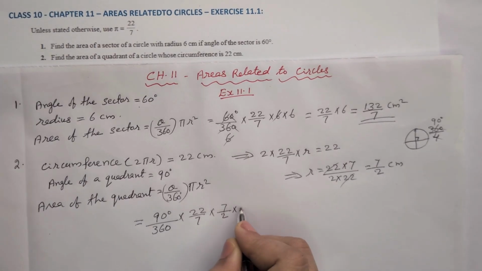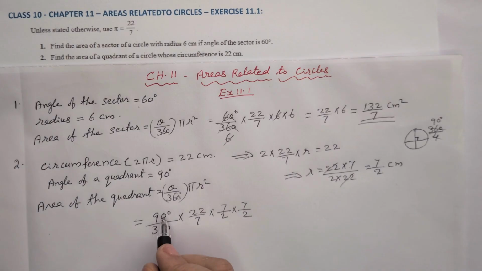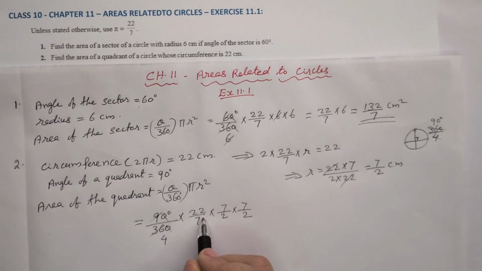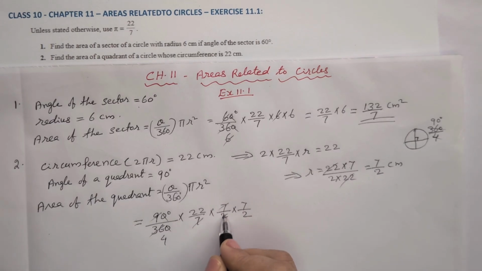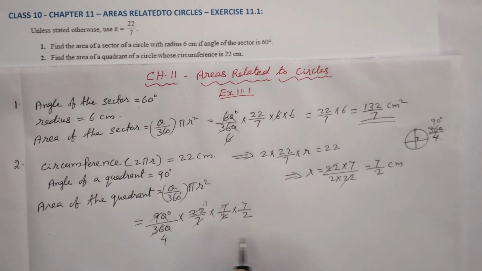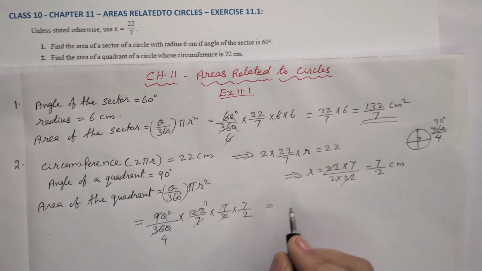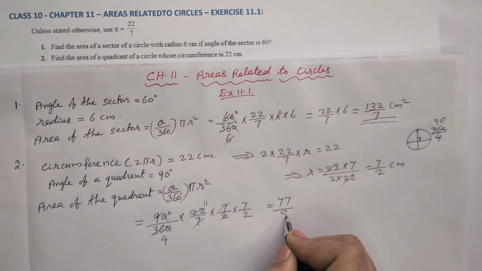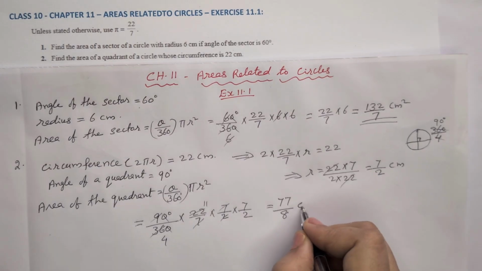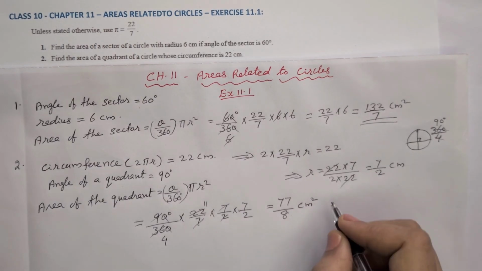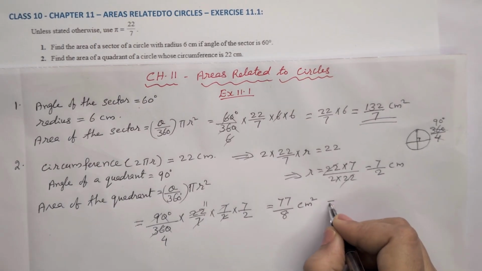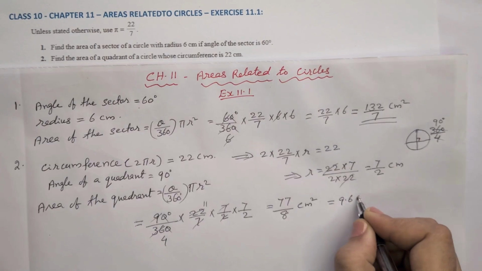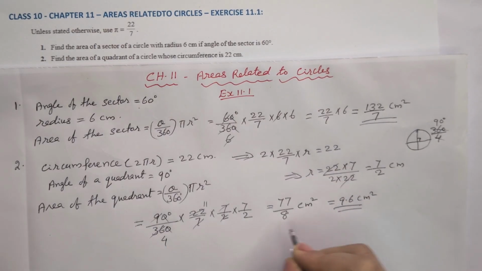R square, so 7 by 2 into 7 by 2. Cancelling, we get 11 into 7 is 77, 4 into 2 is 8. So 77 by 8 centimeter square. If we divide, we will get 9.6 centimeter square.